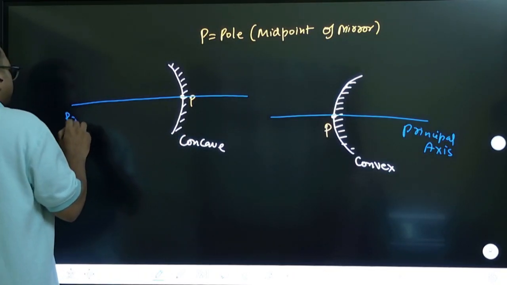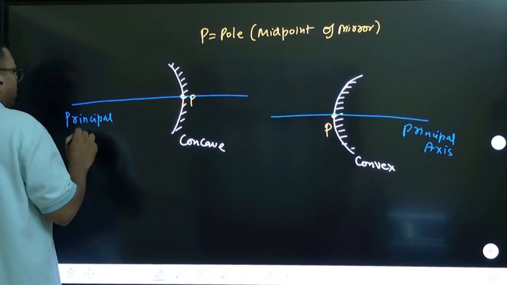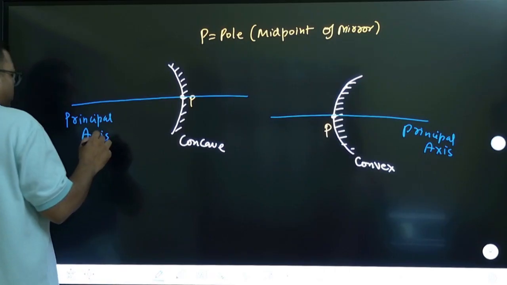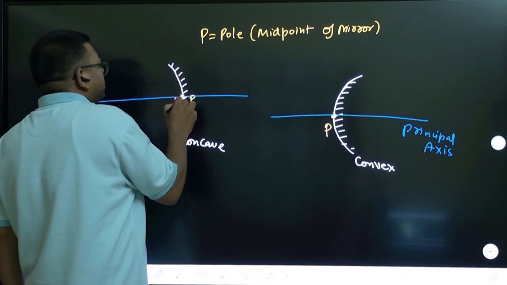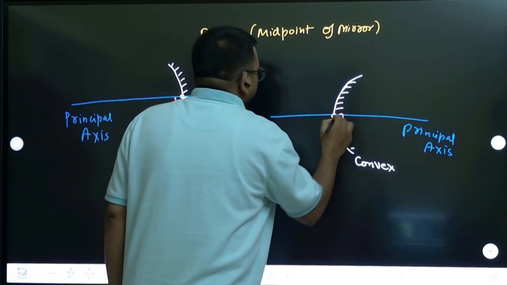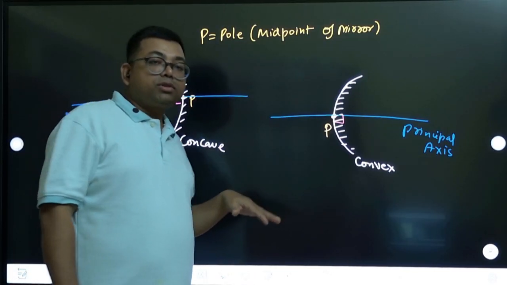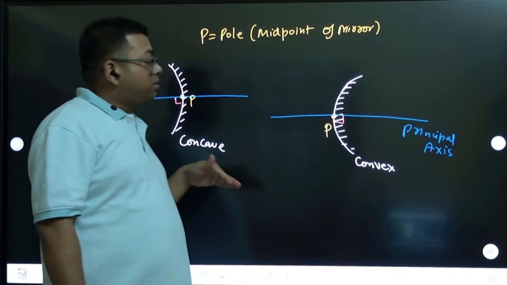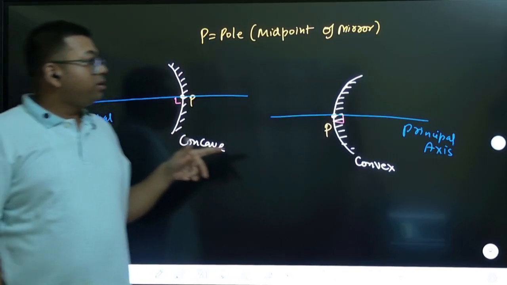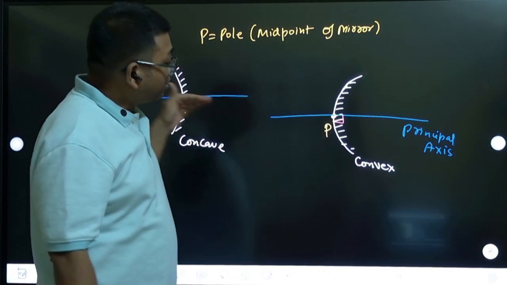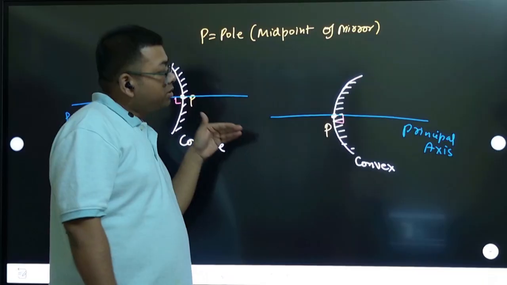It is not just cutting; it is normal, meaning it makes 90 degrees with the mirror, either this side or that side. So the principal axis cuts the mirror into equal halves, passes through the pole, and is perpendicular. That means it is a normal line.